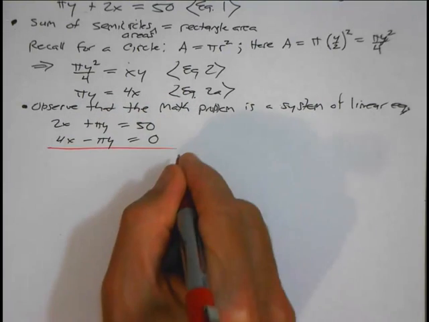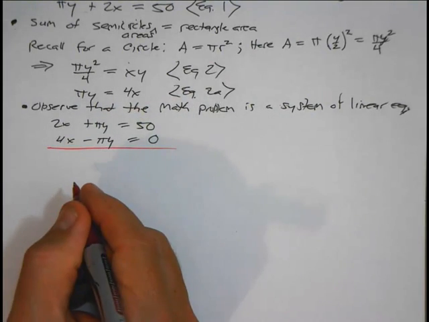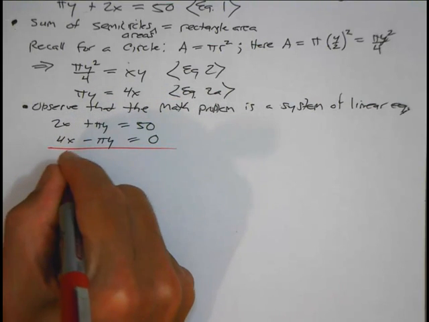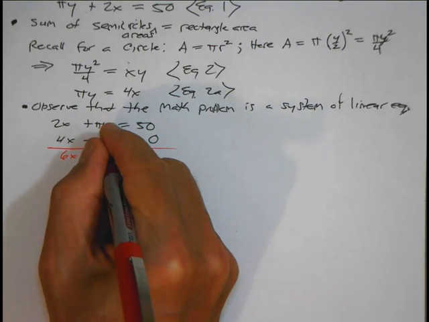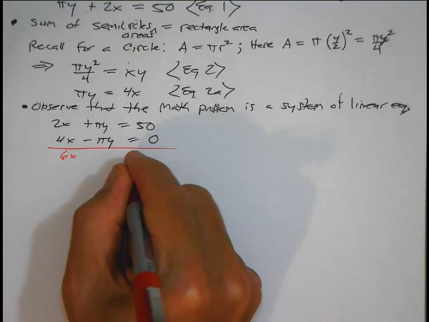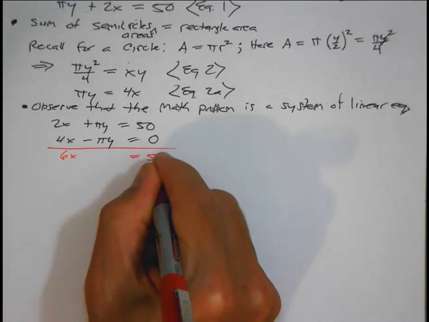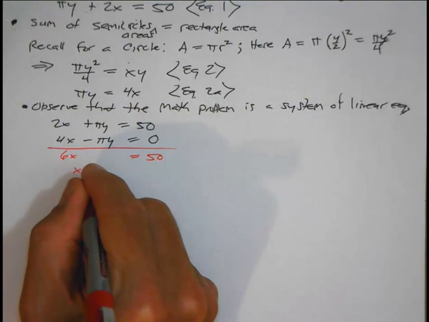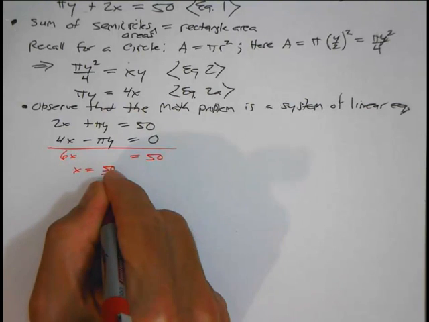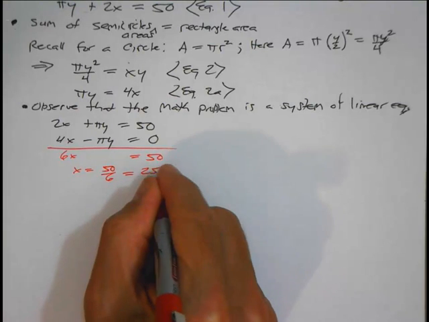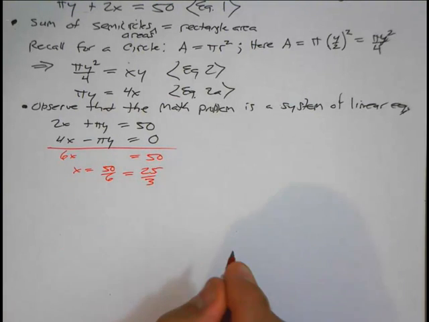Okay, here we go. Basically add the equations together, roughly speaking. 2x and 4x, 6x. Plus pi y minus pi y, 0 y's. The y's are eliminated. 50 and 0, 50. Okay, so now we're left over with x equals 50 over 6, which gets a little simpler: 25 over 3.